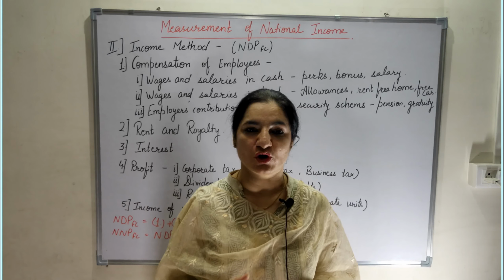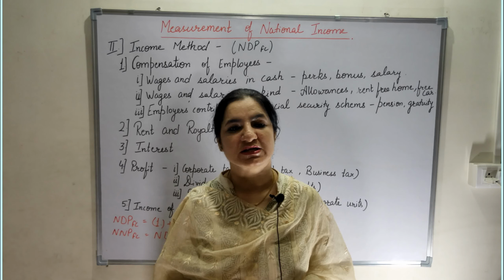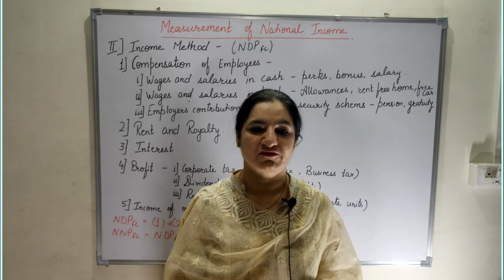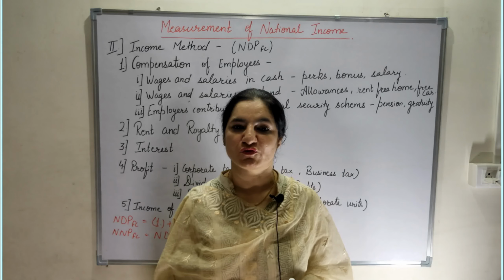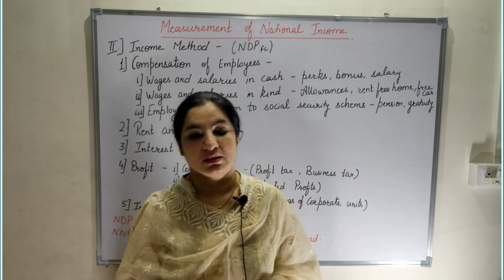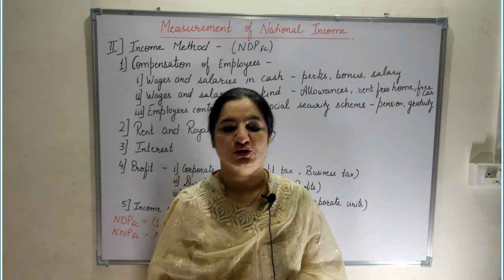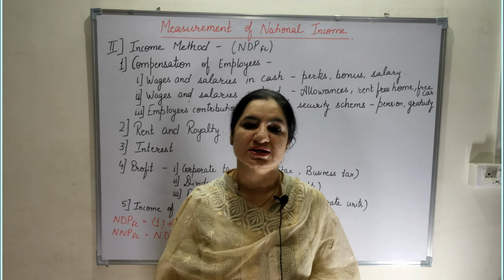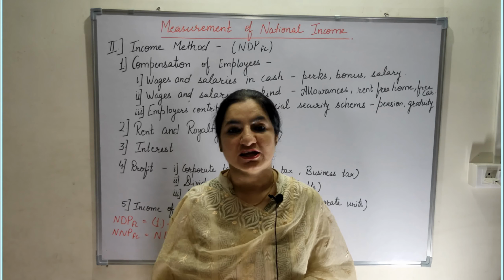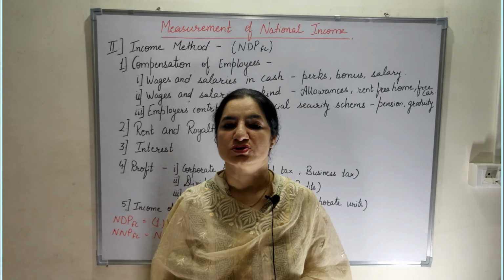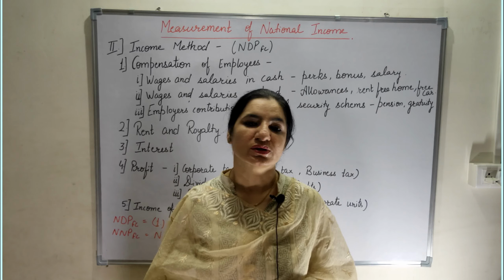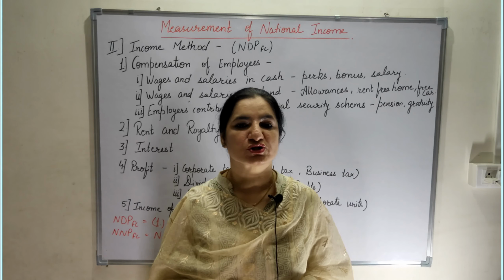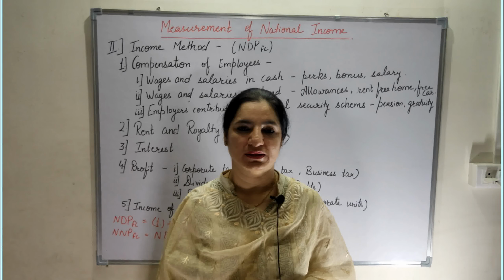Windfall gains, meaning gains from lotteries, and any money spent by the organization on that, are also not to be included. Income out of past saving, such as death duties and gift duties, is also not to be included. So these are a few important points which should be kept in mind while calculating national income by the income method.